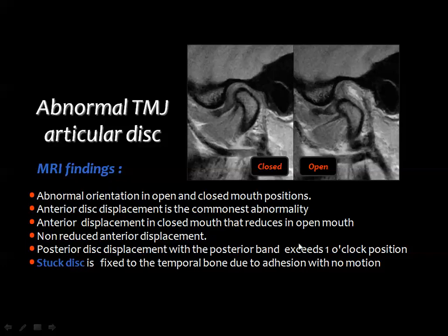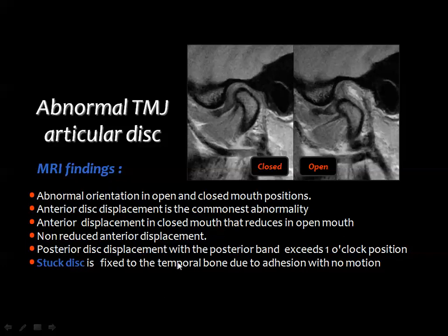Then the abnormal orientation of the disc relative to the mandibular head and the articular eminence in both opening and closed mouth. Anterior displacement of the disc, as I have mentioned, is the most common finding, and the disc may reduce to its normal position during our open mouth, and sometimes the disc is not reduced during the open mouth, as you can see here.